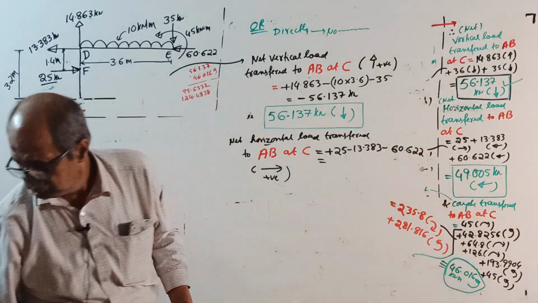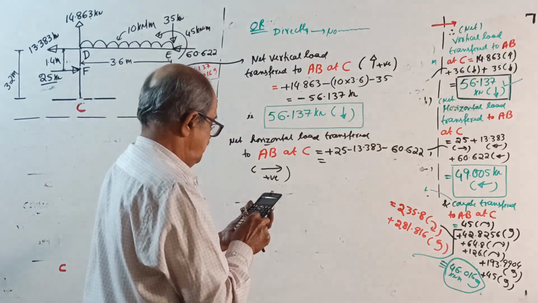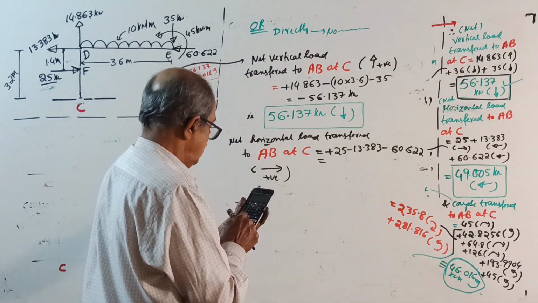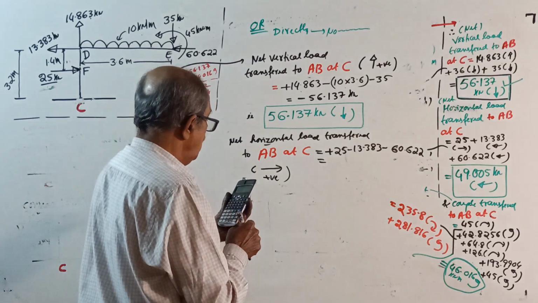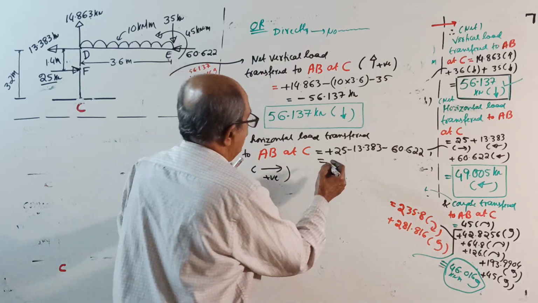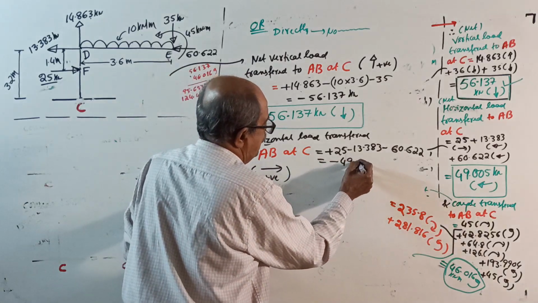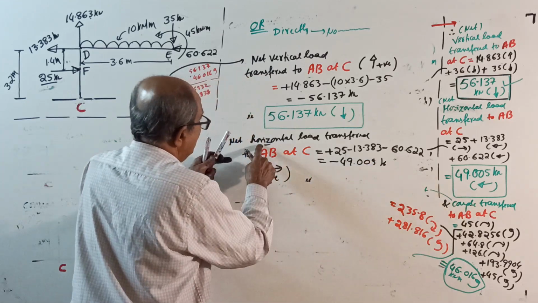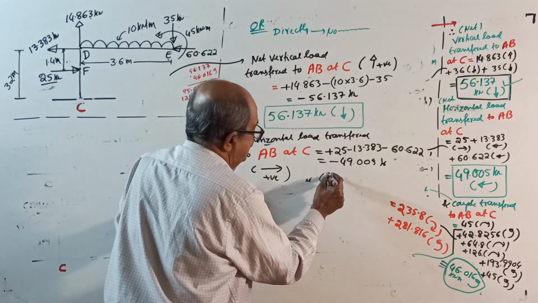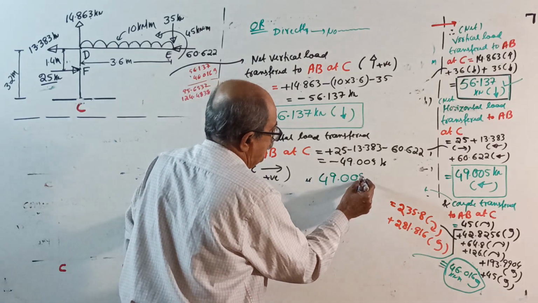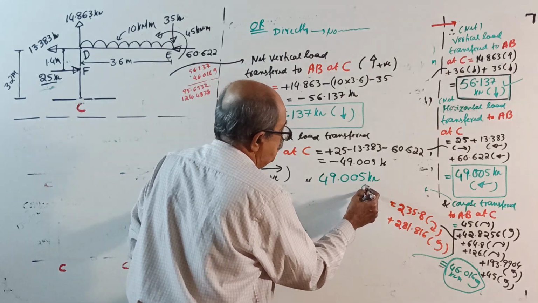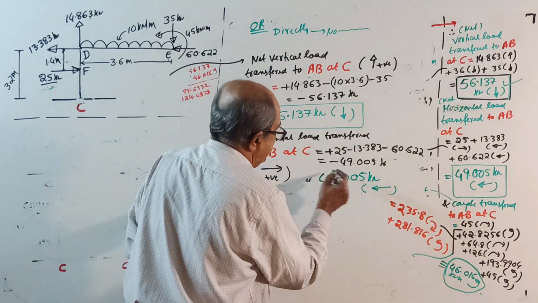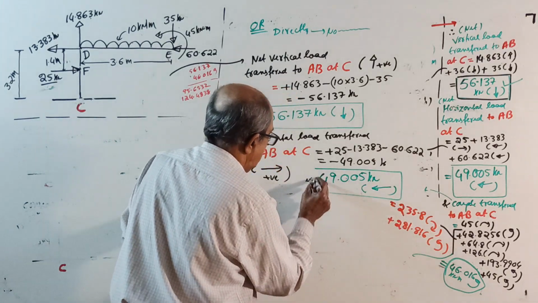Calculate. Plus 25 minus 13.383 minus 60.622 is minus 49.005 kilonewton. That means the net load is 49.005 kilonewton to the left, since we took right side positive and left side negative came. No minus sign now.